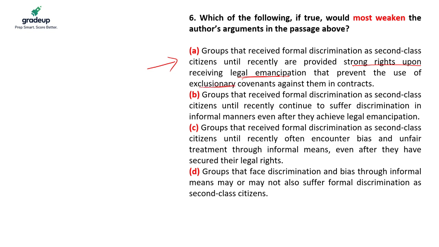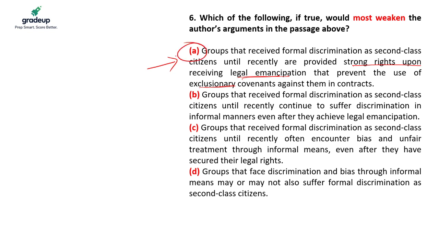That is, exclusionary covenants just cannot even be thought of in a private contract. So if I have exclusionary covenants and I go to the court, it will throw it out, simply saying this has been ensured by the Constitution. What you are doing is illegal. So go out. So here A is something that will weaken the argument.